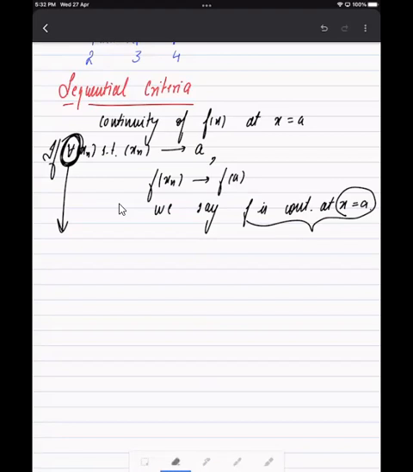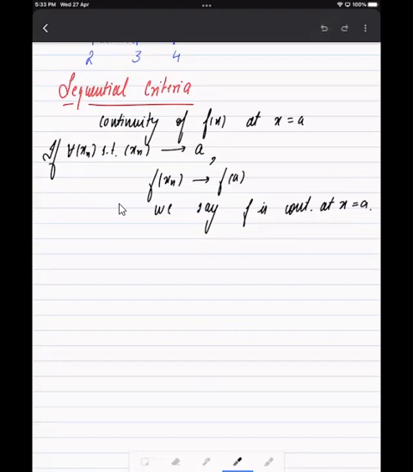So what we do in the questions is take a random sequence that converges to A. I'll tell you how to do that. But basically this sequential criteria is not so useful in proving a function is continuous, if I can't find a general sequence. Otherwise it is easy.